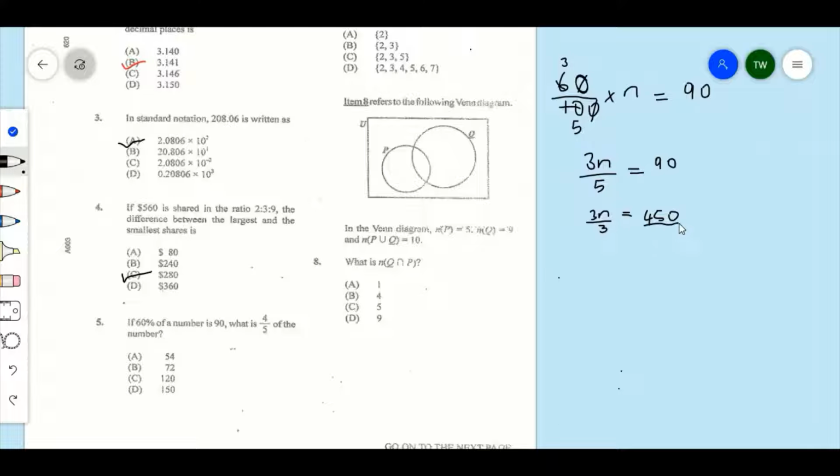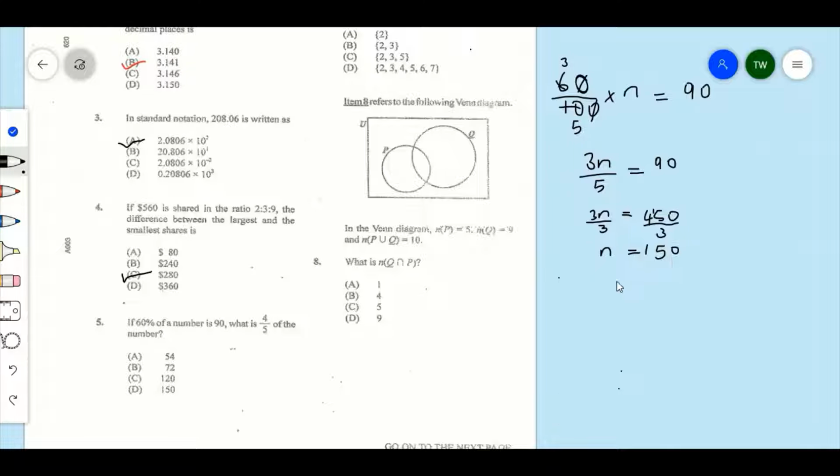So n is going to equal 450 divided by 3. 4 divided by 3, that gives us 1 remainder 1. So 3 into 15, that's going to give us 5. And 3 into 0, that's going to give us 0. So n is equal to 150.